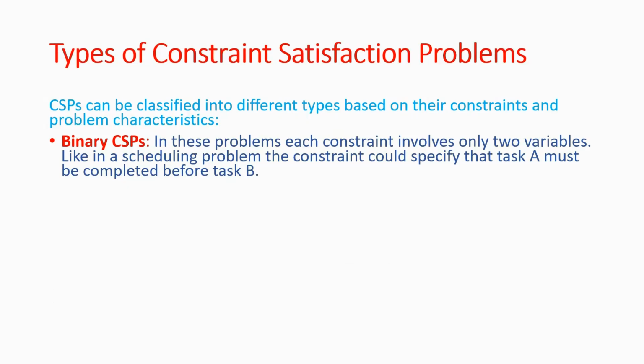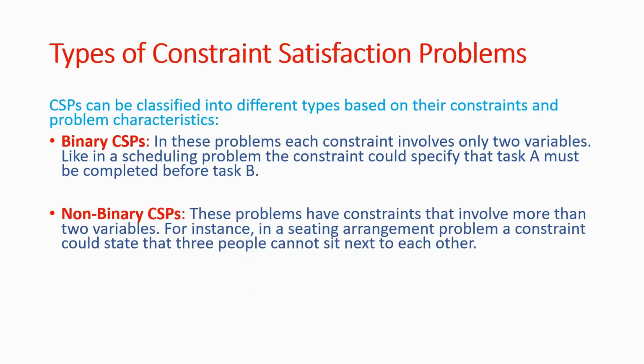Like in a scheduling problem, the constraint could specify that task A must be completed before task B. Every constraint involves only two variables. This means all the relationships and restrictions are expressed as pairwise interactions. In scheduling problems, the constraint could specify that task A must be completed before task B. This is a binary constraint because it relates two variables, task A and task B.